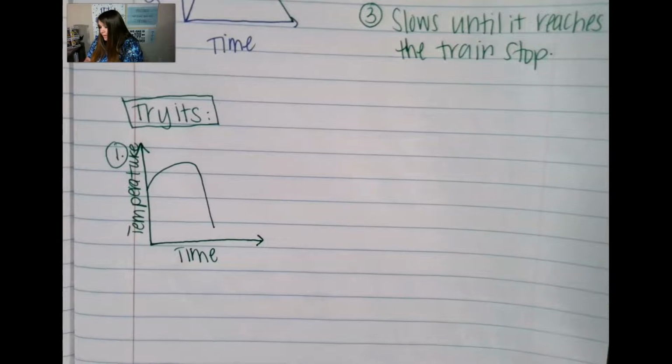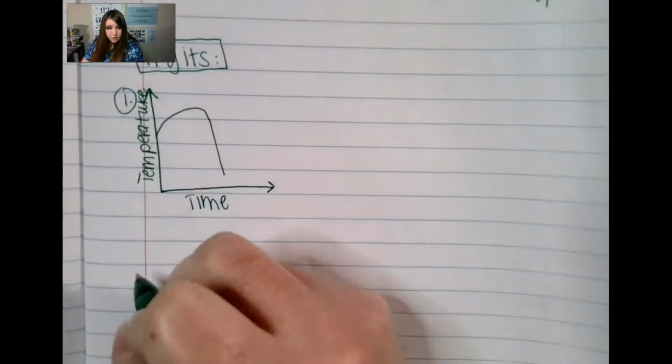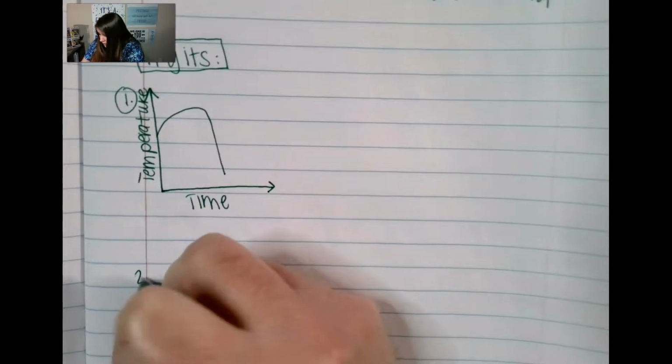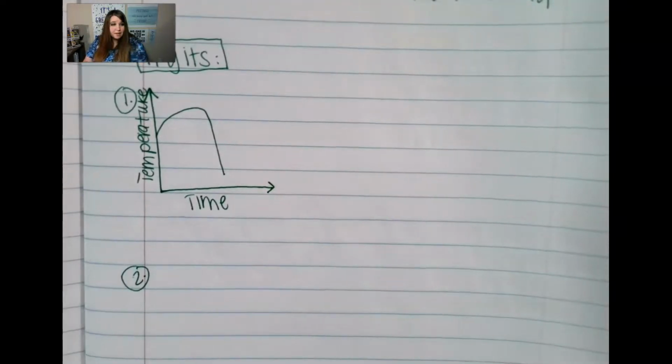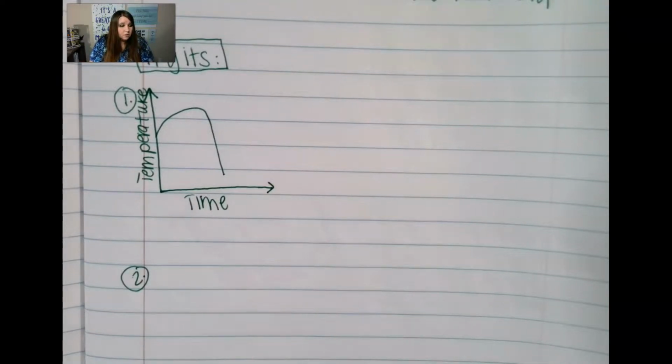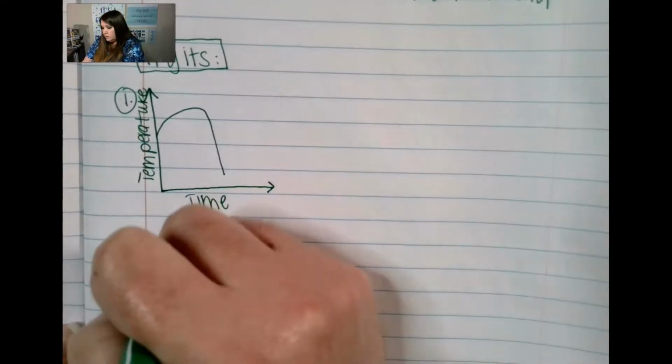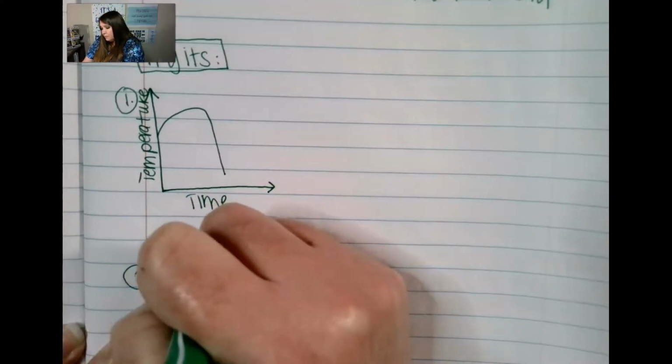Okay, the next example that we are going to look at, the next try it, you are going to draw me the graph based on this description. So let me give you a description here. A fully charged battery loses its charge at a constant rate.